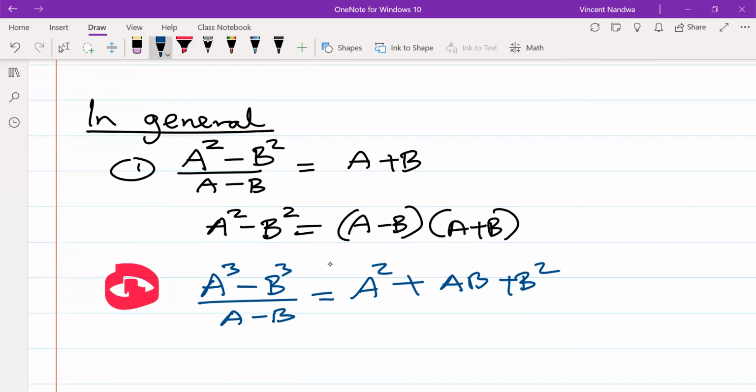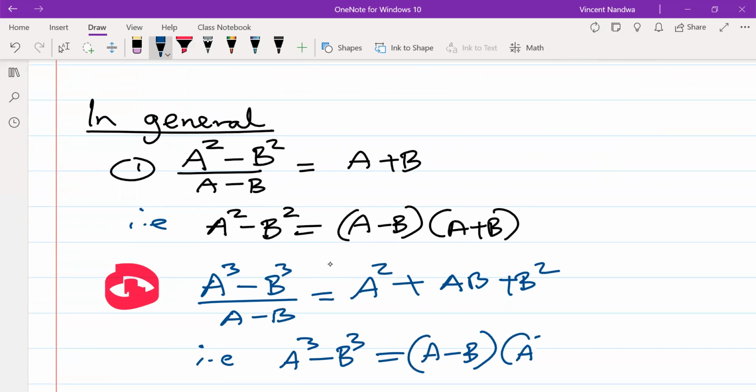That is, a to the power 3 minus b to the power 3 is a minus b times a squared plus ab plus b squared. These are some of the tools that can also help you do some problems on limits.